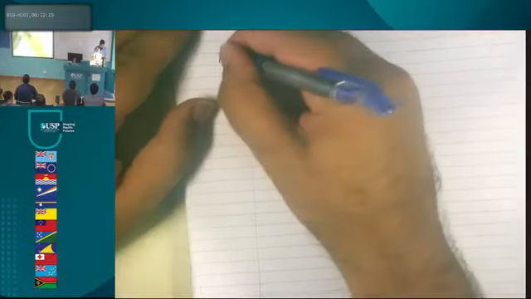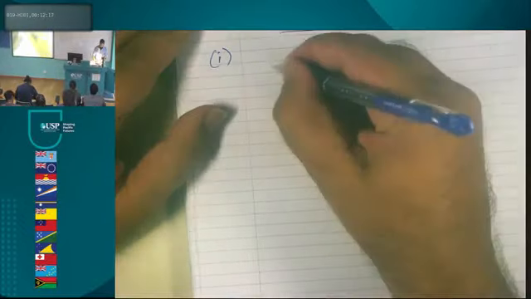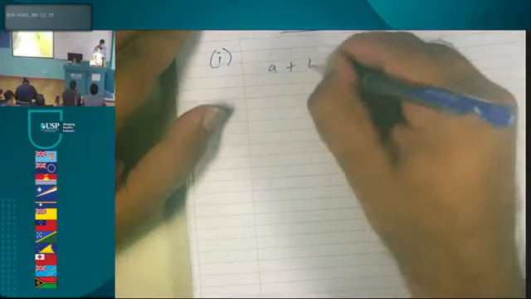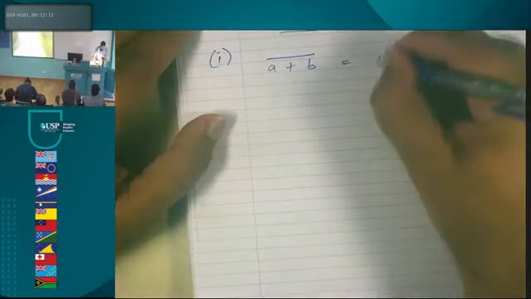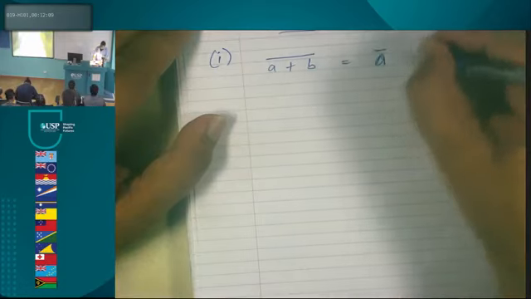Theorem 12, De Morgan's. A or B whole thing barred is the same as saying A bar and B bar.